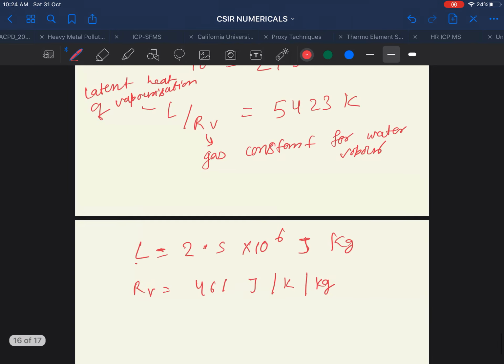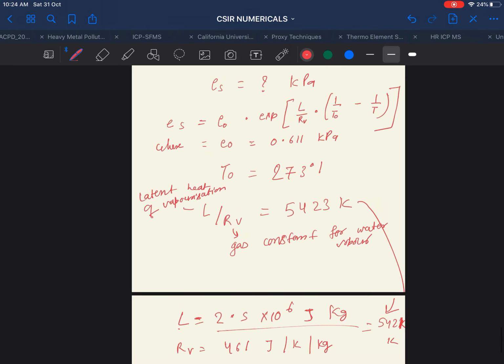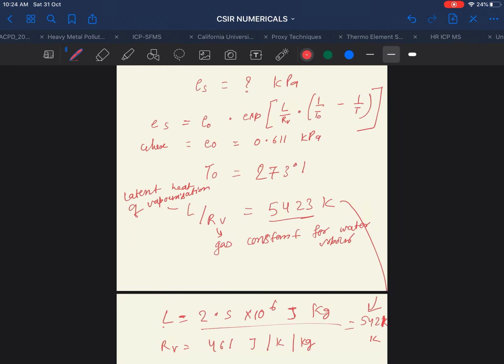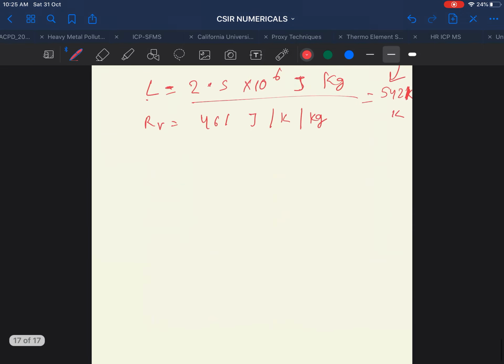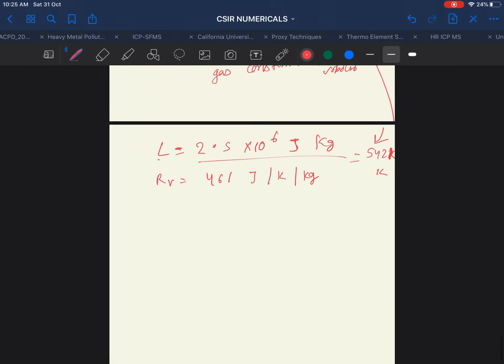Okay, this is the RV. So when you divide this L by RV, you will get finally 5421 Kelvin. That's why I directly wrote over here 5423. So just memorize it: L by RV value is 5423 and T naught is 273 degree Kelvin. Okay, 273 T naught.